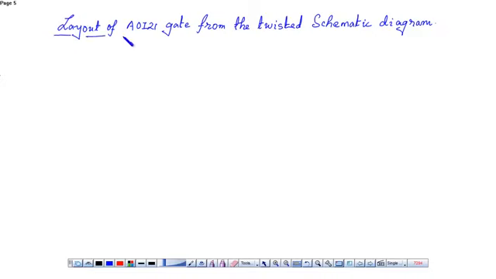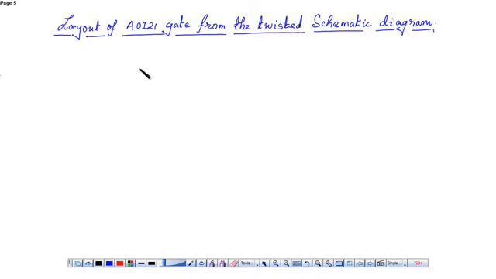Okay, now there were six MOSes in total, 3 PMOS and 3 NMOS.